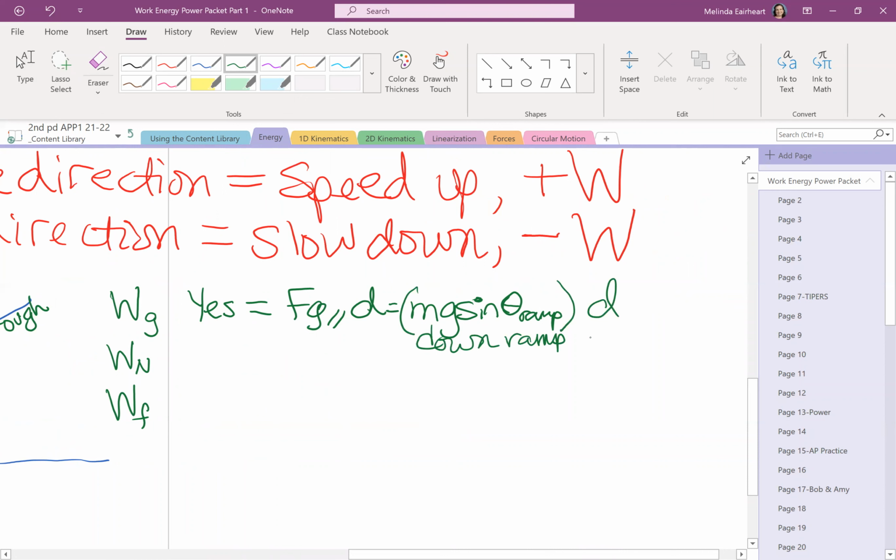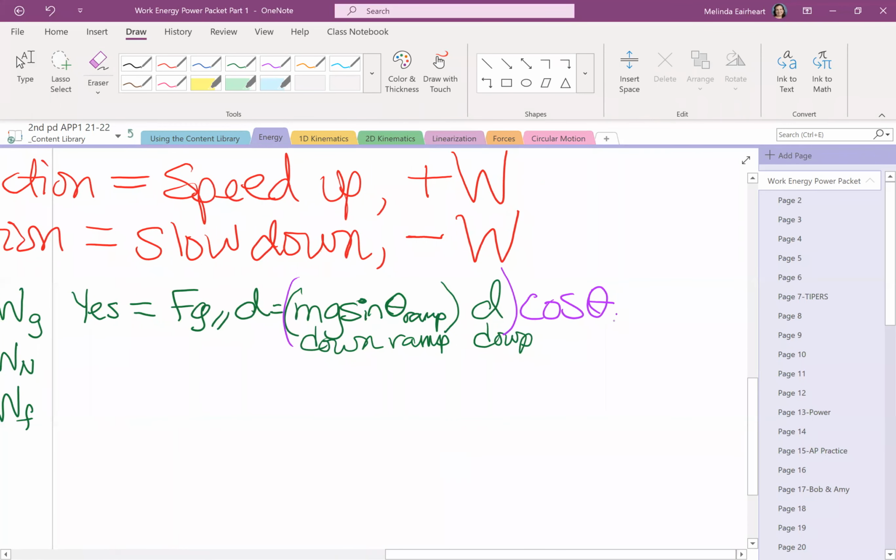And isn't it moving down the ramp? So if you wanted to say cosine theta after all this, what theta would you put in? This is a separation angle, hence why I'm putting subscripts on my two different angles. By the way, at the end of the day, you don't have to do this, but you've got to know those are different angles. One's a ramp angle, one's a separation angle.